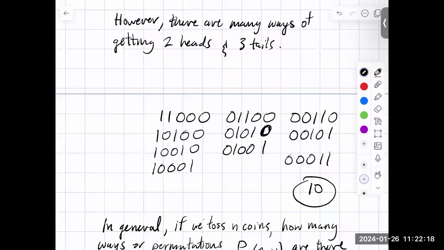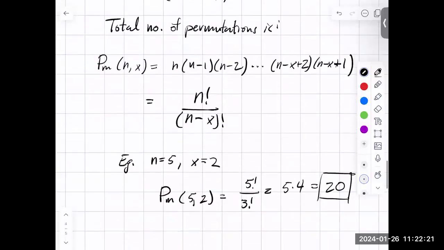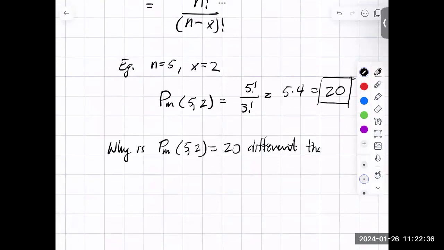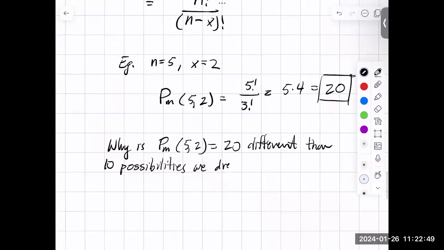Okay, so I want to try to express that in words that aren't too complicated. So the question is, why is PM 5 2 equal to 20 different than the 10 possibilities we drew? Okay, so let's consider just the first one that we drew.